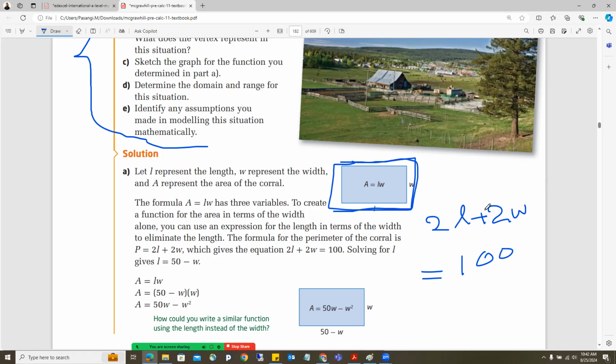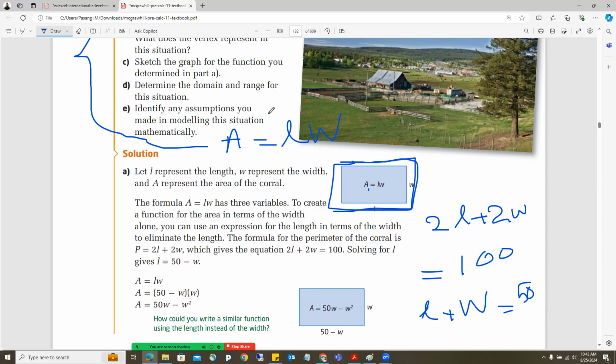From that, we can have another expression, L plus W is equal to 50. Now we have the expression A equals LW. We can replace L or W. If we want to remove L, we can use L equals 50 minus W. Is it clear?